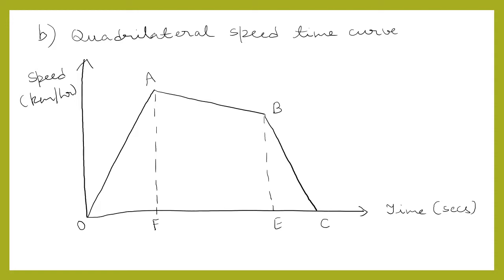And the maximum speed of the vehicle is V1, and we have one more speed, that is the speed at the end of the coasting period, that is V2.